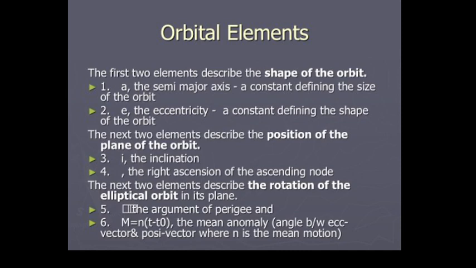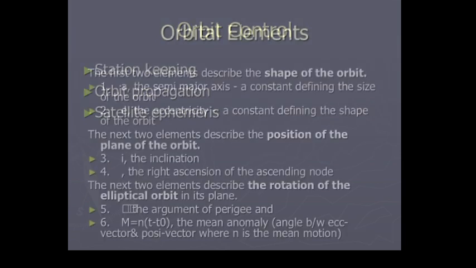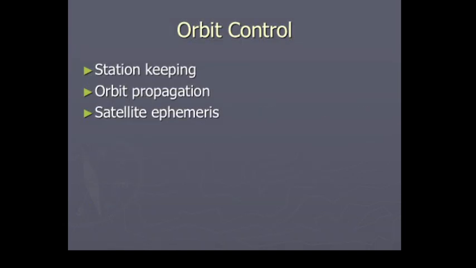The last 2 elements define the rotation of the elliptical orbit in its plane. They are the argument of perigee and the mean anomaly. These are the last 2 elements which define the orientation, the rotation of the elliptical orbit in its plane. Okay.